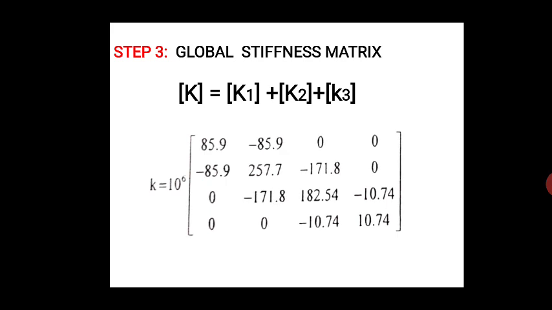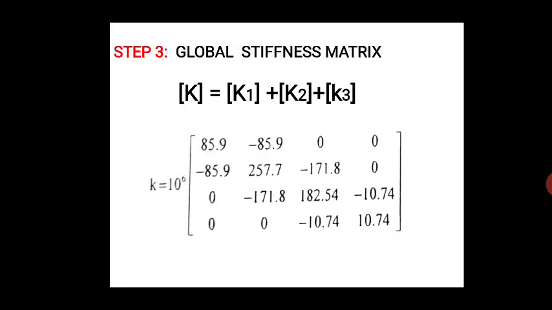On combining all the element stiffness matrices, we can write the global stiffness matrix as K is equal to 10 raised to 6 into [85.9, -85.9, 0, 0; -85.9, 257.7, -171.8, 0; 0, -171.8, 182.54, -10.74; 0, 0, -10.74, 10.74]. This is the global stiffness matrix for the rod element.